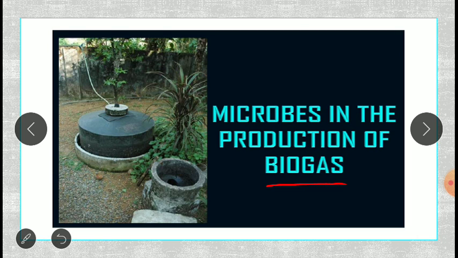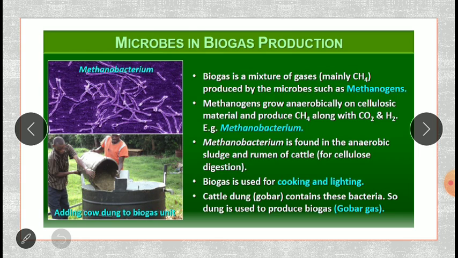Biogas is nothing but a form of gobar gas that you all know is used in the villages. Biogas is a mixture of gases mainly containing methane. Methane is a kind of gas which can be used for lighting and also for cooking.